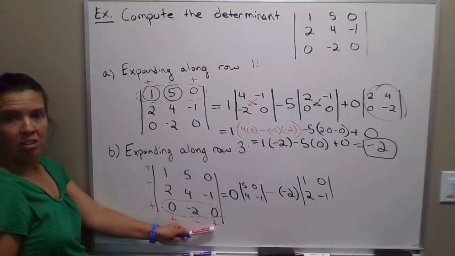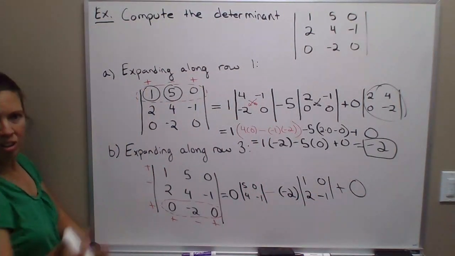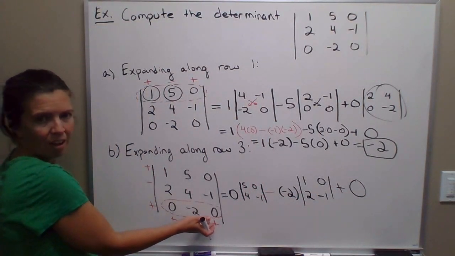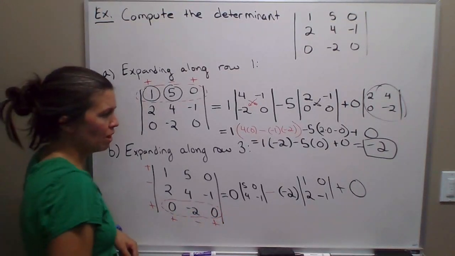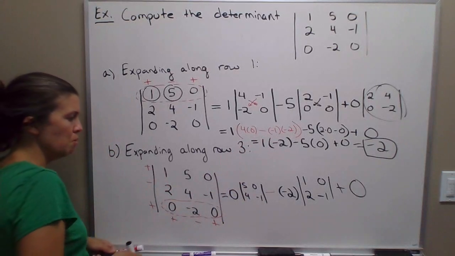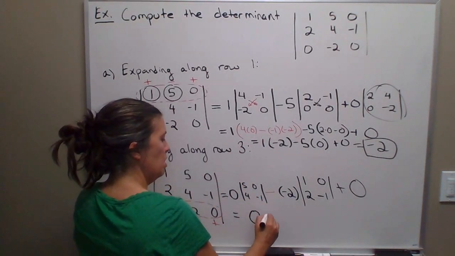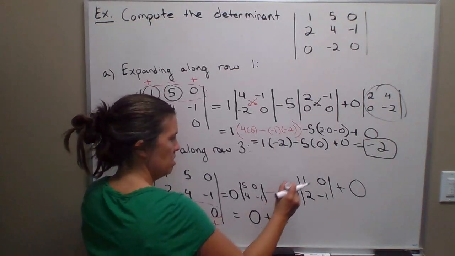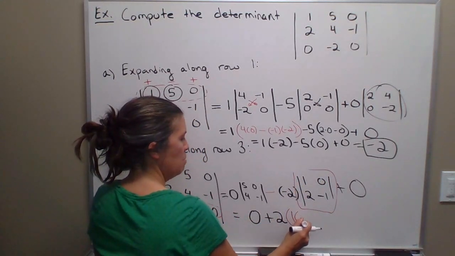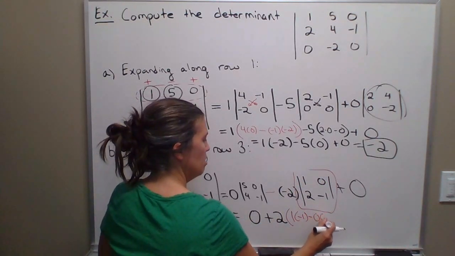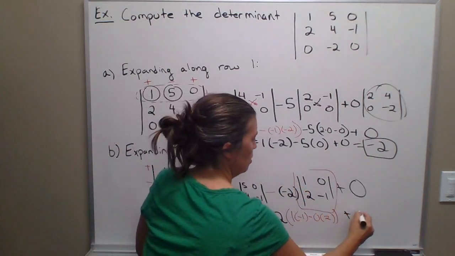And then plus 0 times, well, who cares? Let's start getting in the habit of this: when you're doing an expansion and you run into a 0, you don't need to mess with the submatrix for that, because it's going to be whatever it is times 0. So same thing here, 0 times who cares, this is going to be 0, plus 2 times this determinant, which would be 1 times negative 1 minus 0 times 2, plus 0.